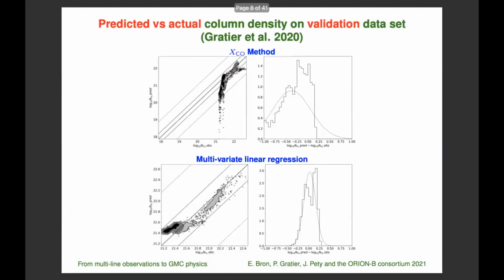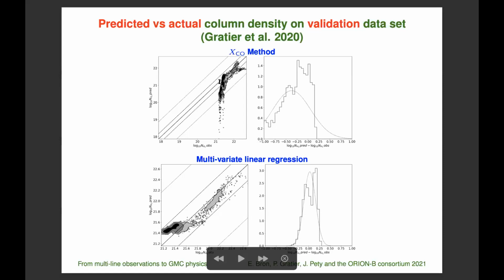Another way of looking at these results is to trace the histograms of the residual maps that I've shown you before. So here you have the 1D histograms on the right, and 2D histograms comparing the observed Herschel maps to the predicted values that we give. And we can compare different methods.